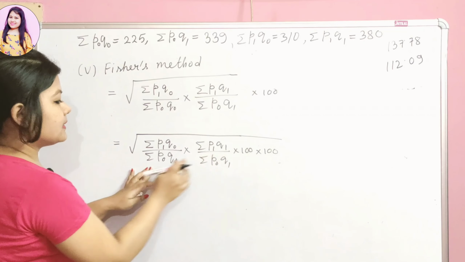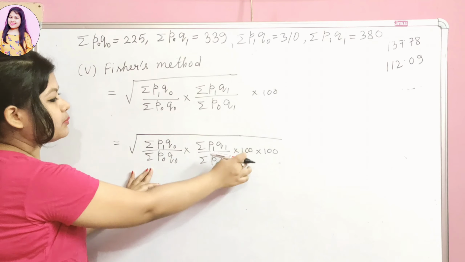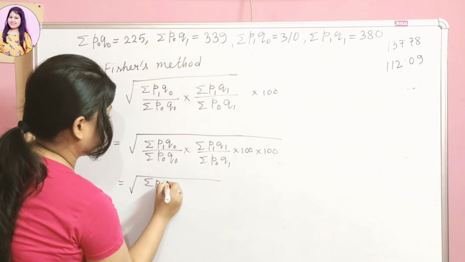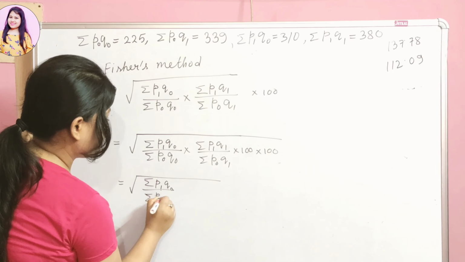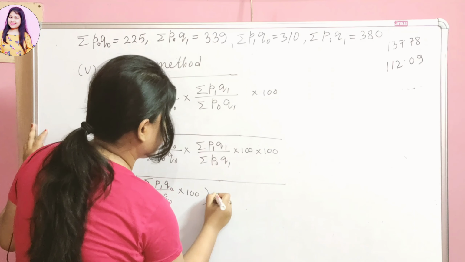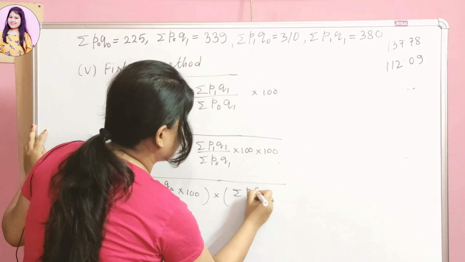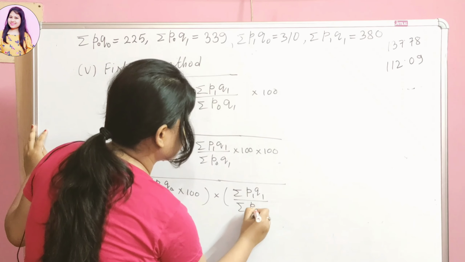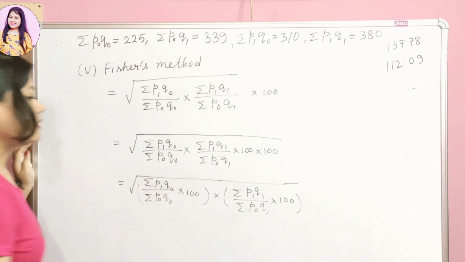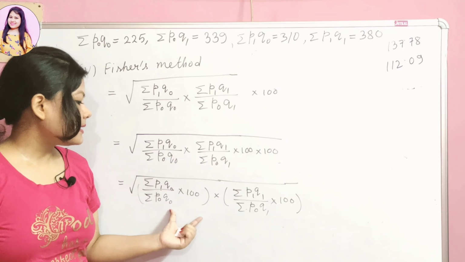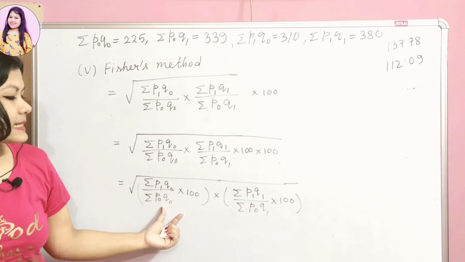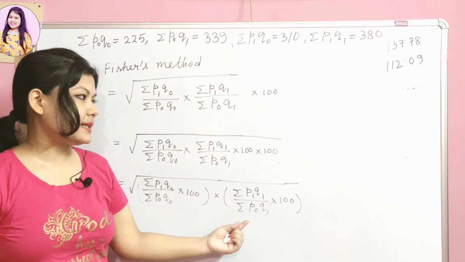Now if you keep the 100 here, that means summation of P1 Q naught divided by P naught Q naught into 100, then into summation of P1 Q1 divided by P naught Q1 into 100. Then you can see that this is Laspeyres' method and this is Paasche's method, or you can say that this is Laspeyres' index number and this is Paasche's index number.